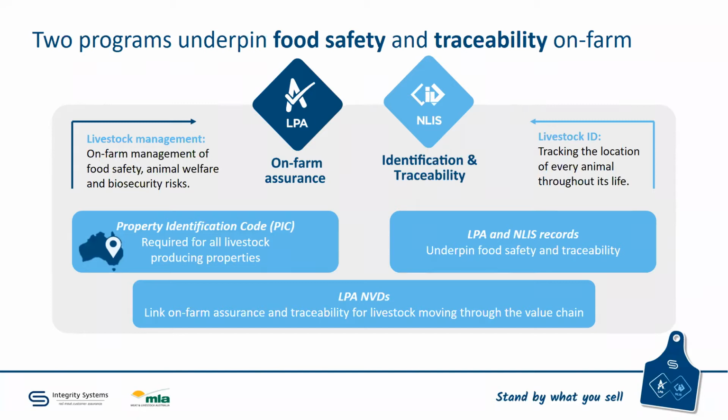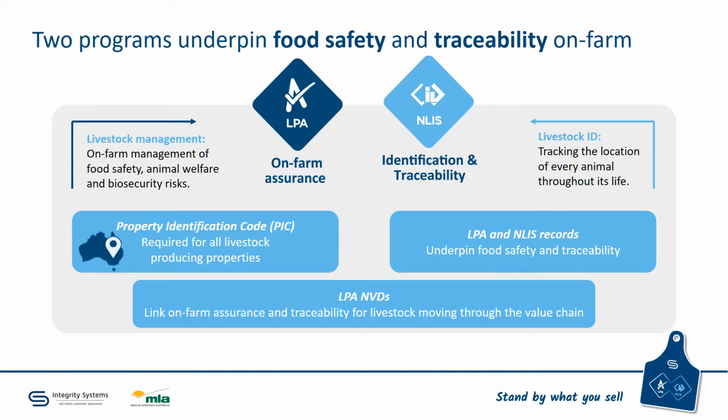Now, the central component to both of the programs is the Property Identification Code, or PIC. Having a PIC is required to be part of either program. PICs are managed independently from ISC. They're managed by the state and territory departments of agriculture.